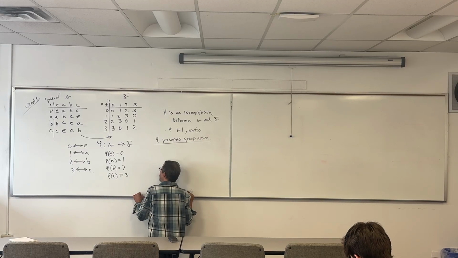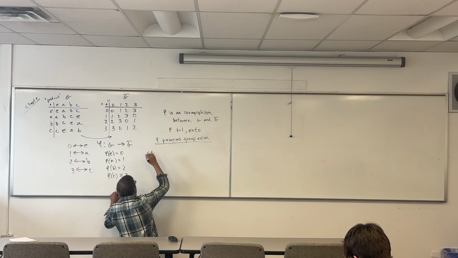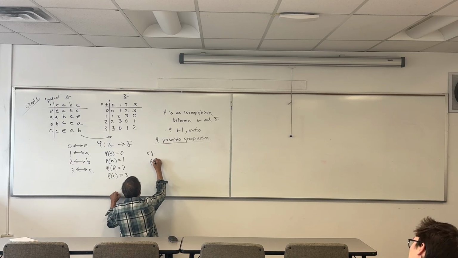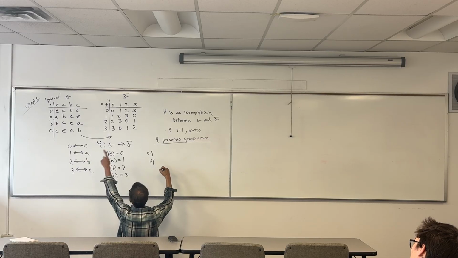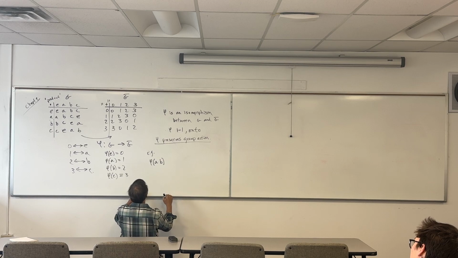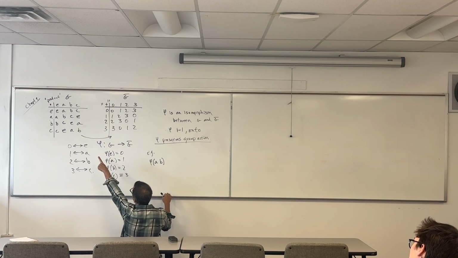What do I mean by that? Well, let's come over here. We'll just see it in a few places. If I take phi of A times B, what is A times B in the left table? C, right?